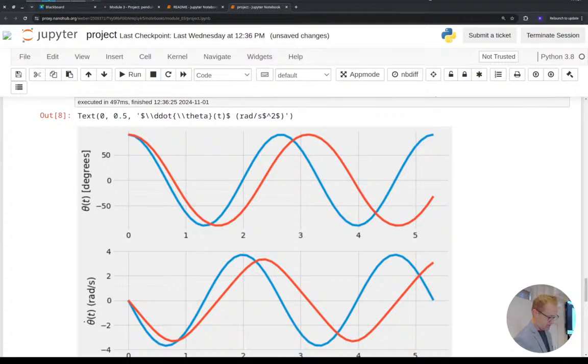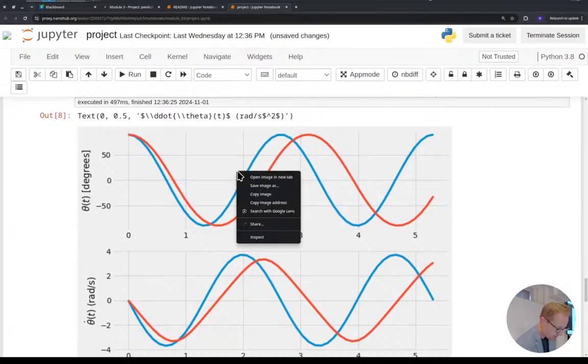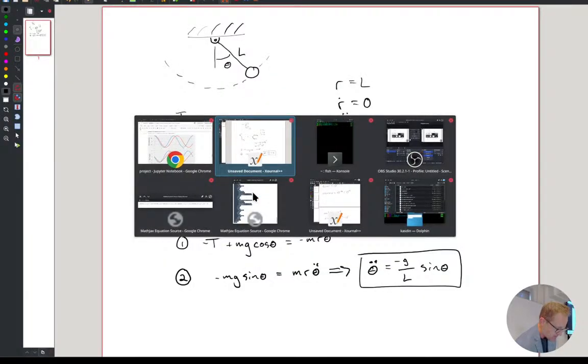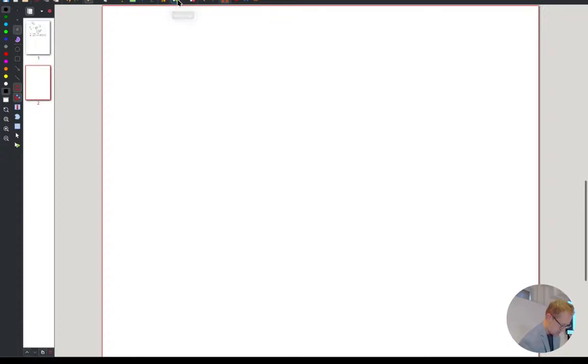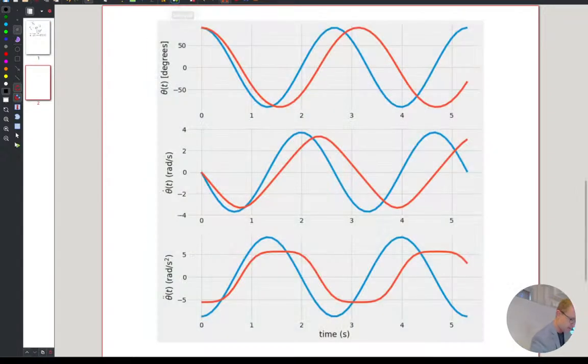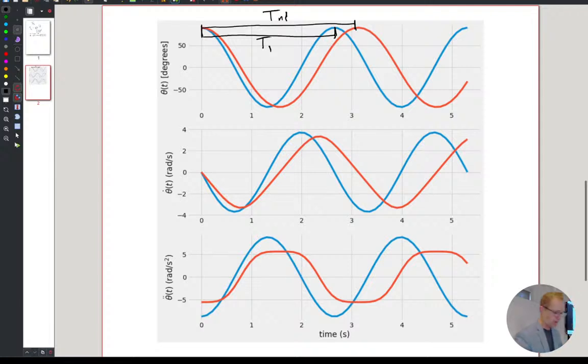Meanwhile, let me copy this over. Meanwhile, this time period T nonlinear versus T linear, those are significant differences.